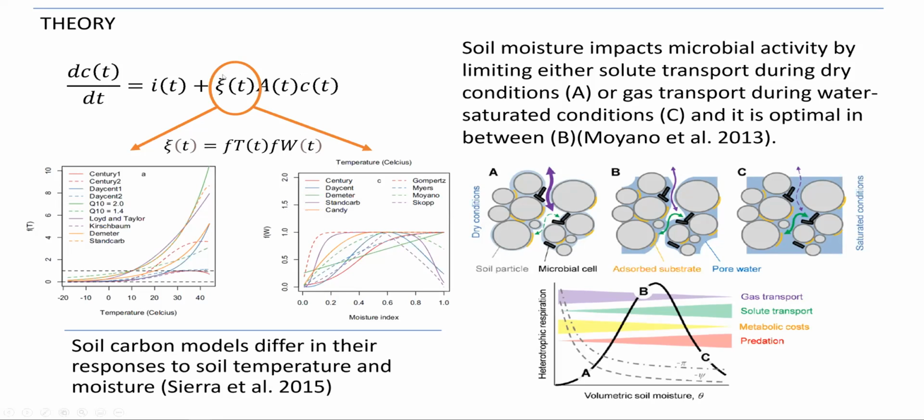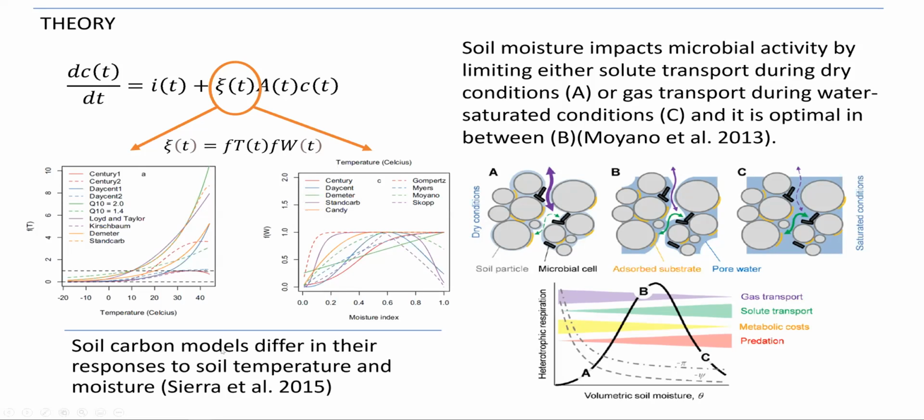And then there is some kind of modifier, which is an environmental function. Usually it scales default decomposition rates and CO2 emissions based on the model structure, and usually it is based on temperature and soil water content, or air temperature or precipitation, as we have heard before.